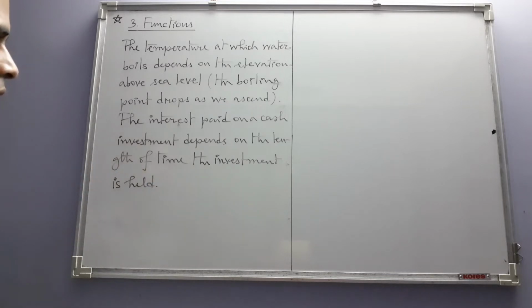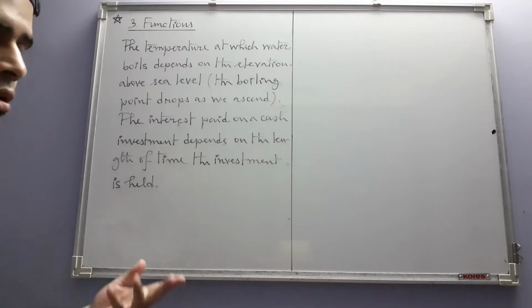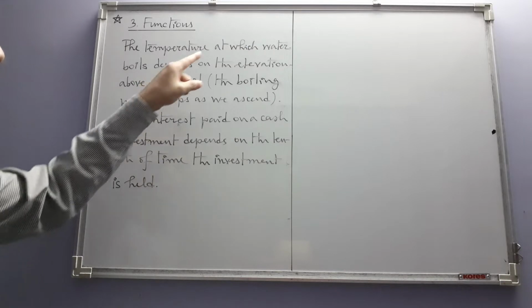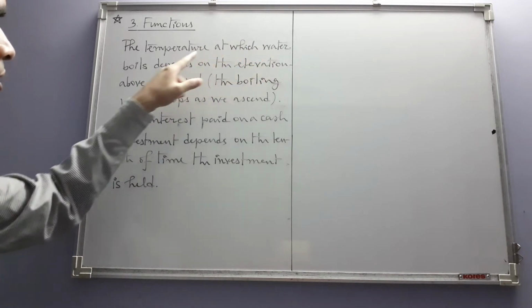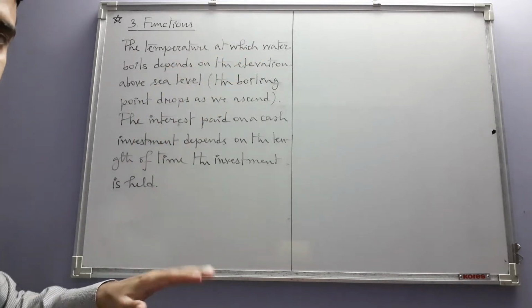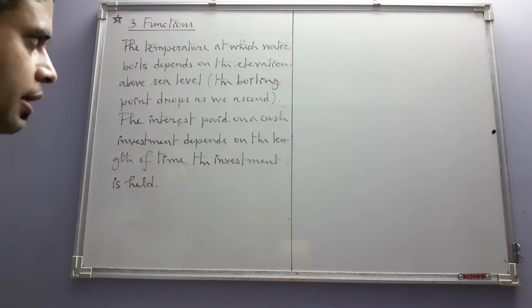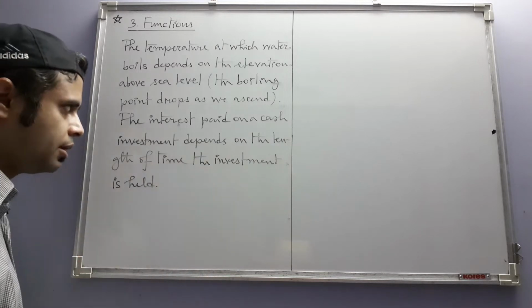So we see that in each case a variable quantity depends on the values of another variable quantity. In the first case, the variable quantity is boiling point. It depends on the elevation of the body of water above sea level.